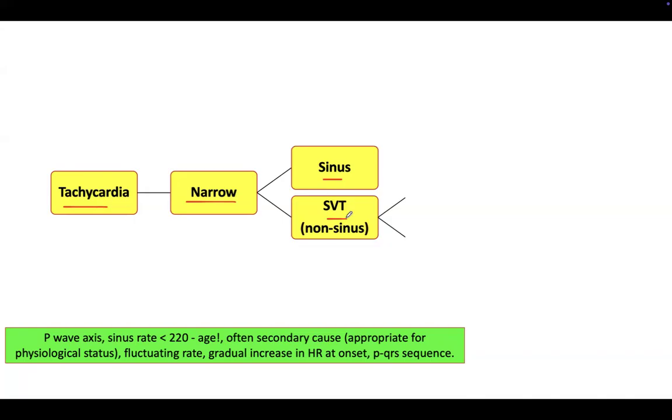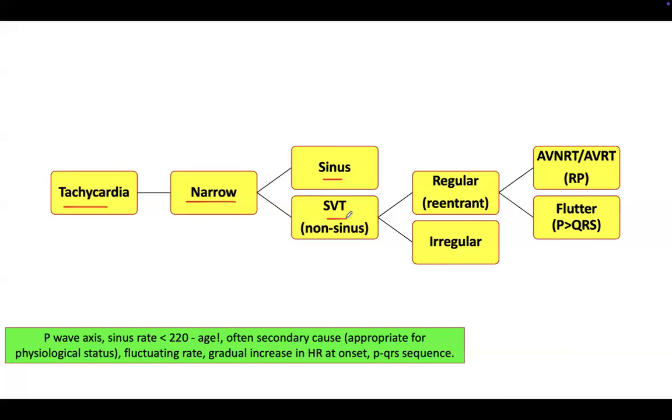Your sinus rate is typically 220 minus your age. If someone is tachycardic with fever, with pain, with anxiety, it's expected. But if someone is resting and the heart rate is very fast, that's against sinus tachycardia, of course. Usually the onset is gradual and the offset is gradual, and it's usually one-to-one conduction.